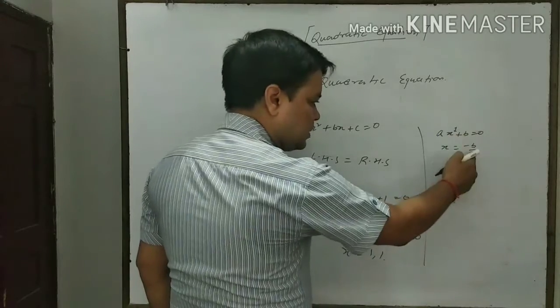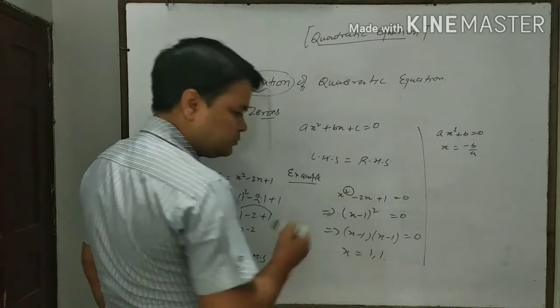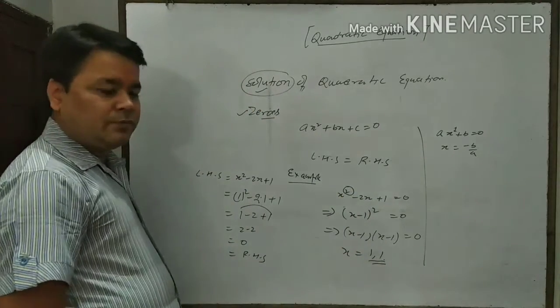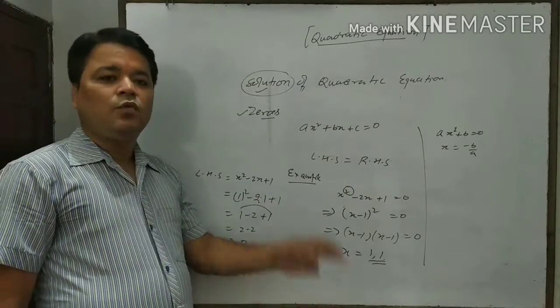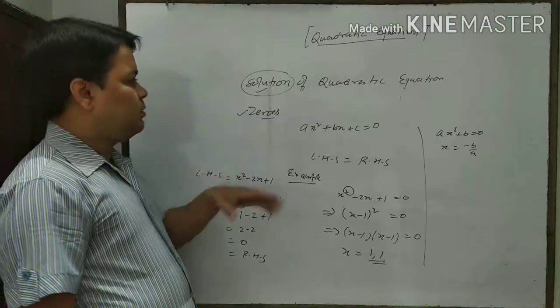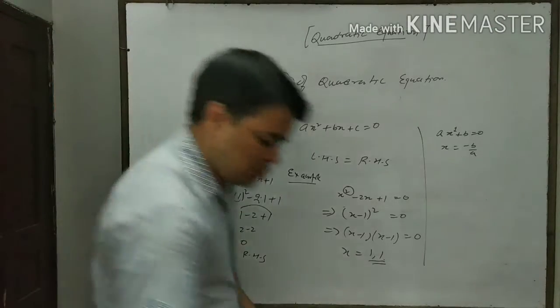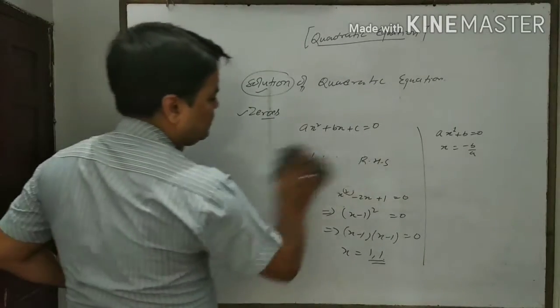If the power is 1, then there will be one solution. But here the power is 2, therefore we have two solutions, 1 and 1. So for each quadratic equation we have two solutions, which means there will be two zeros. Getting? One more time, let us see one more example.